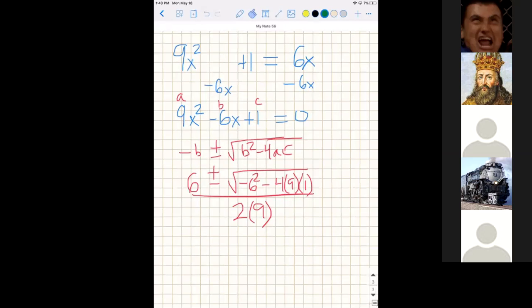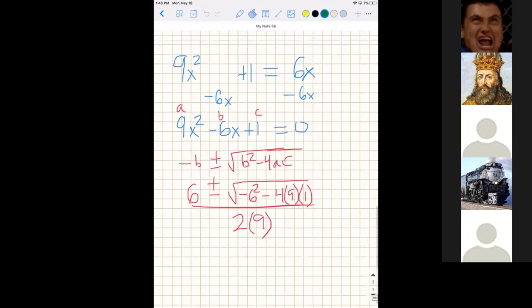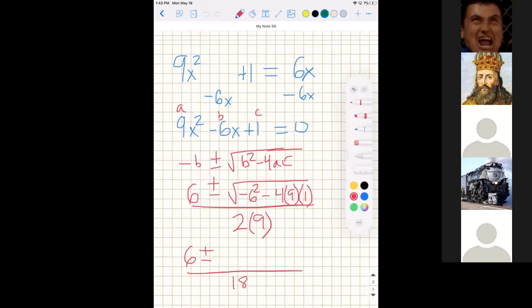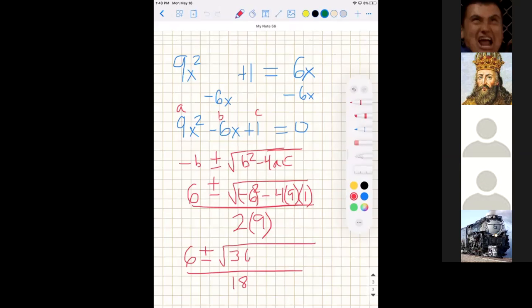I promise this is the last one, and then I'll have you guys try one. So we have 6, and you guys tell me, what are we going to have under the radical? 6 plus or minus, I guess we have 18 down here. What would negative 6 squared be? Negative 6 times negative 6 being positive 36, good.